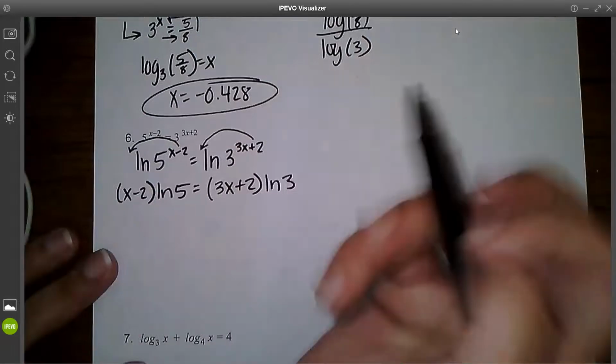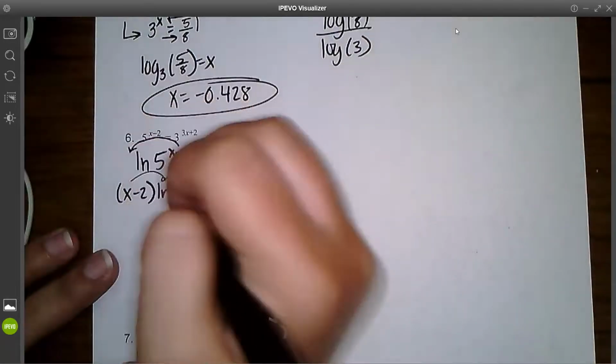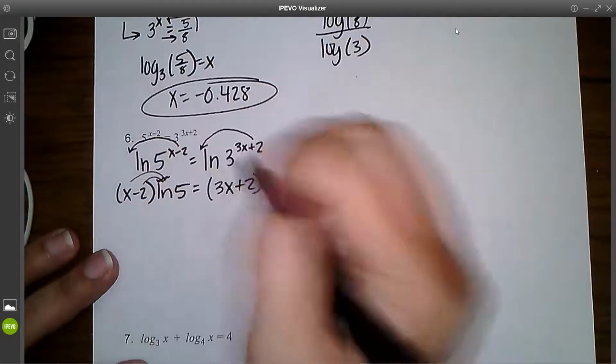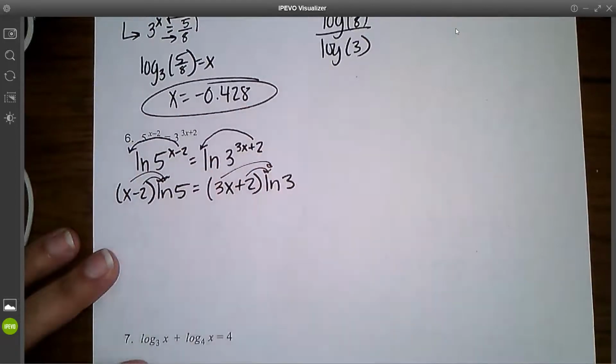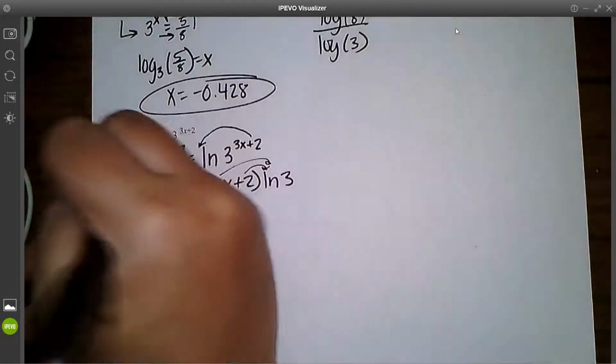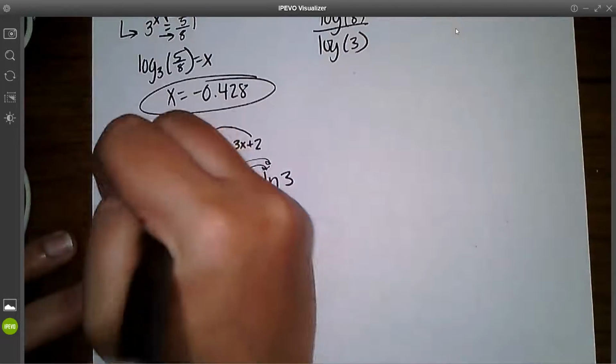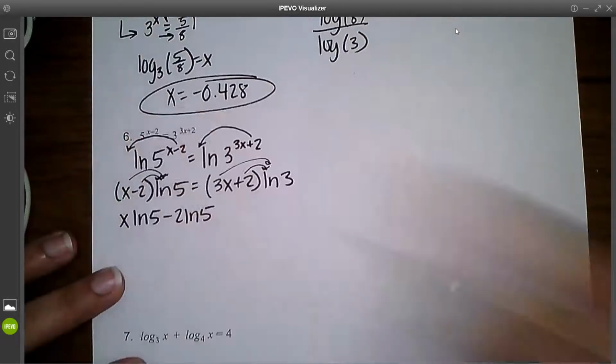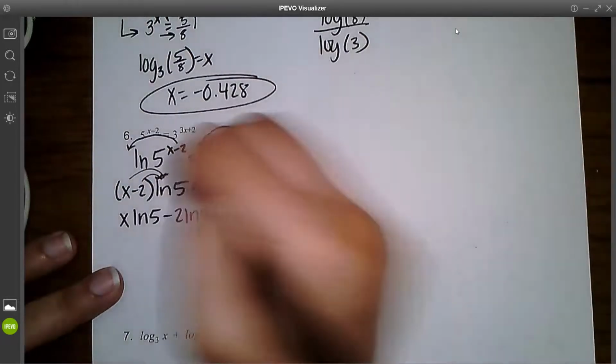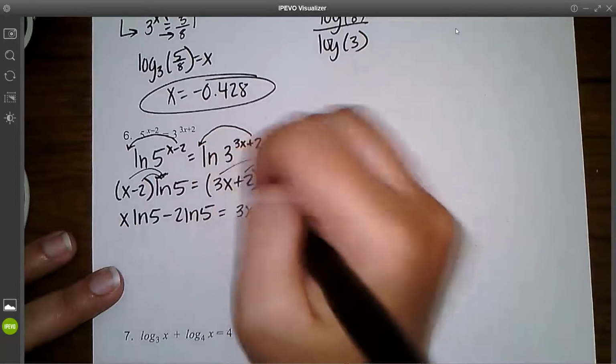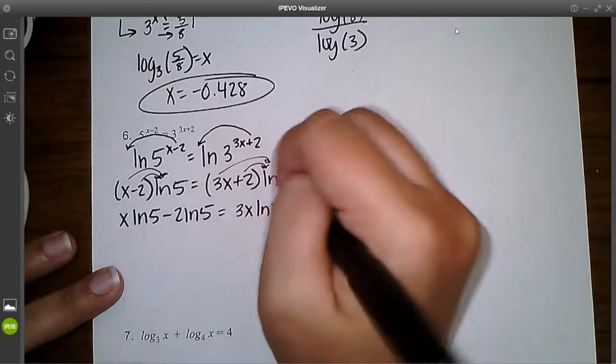So the best way to do that is to distribute here. I drew my arrows in a weird way, but. So I have x times the natural log of 5 minus 2 times the natural log of 5 equals 3x times the natural log of 3 plus 2 times the natural log of 3.